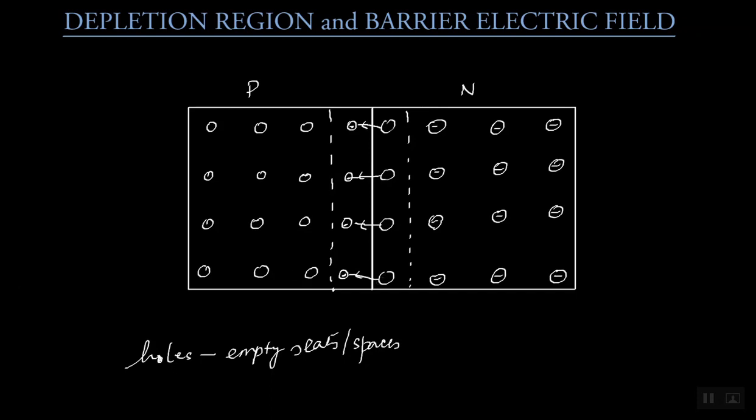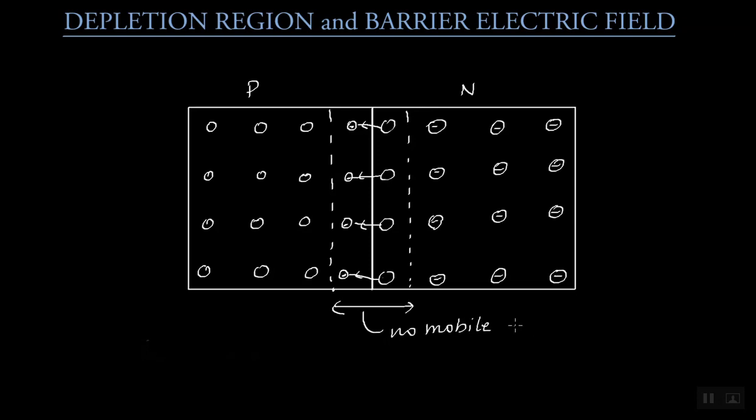Okay? So because of this, a new region is created in the boundary, on either side of the boundary. This new region has no mobile charge carriers, and it is called the what?